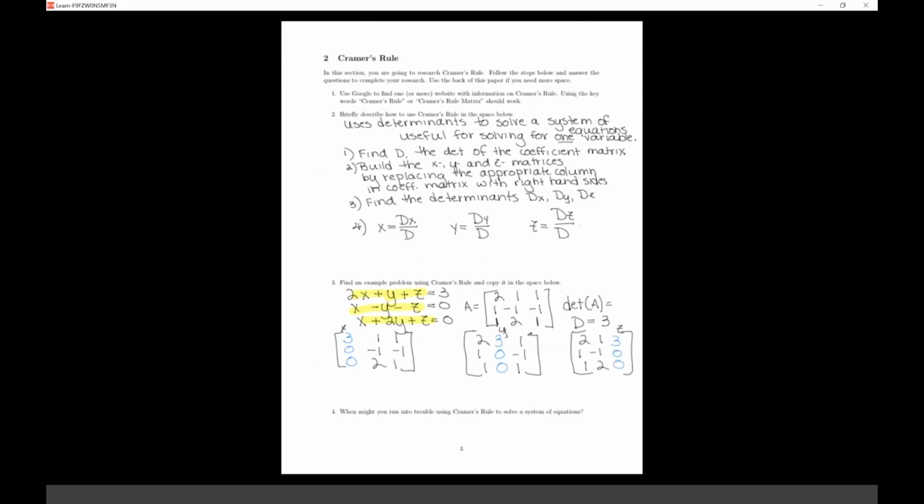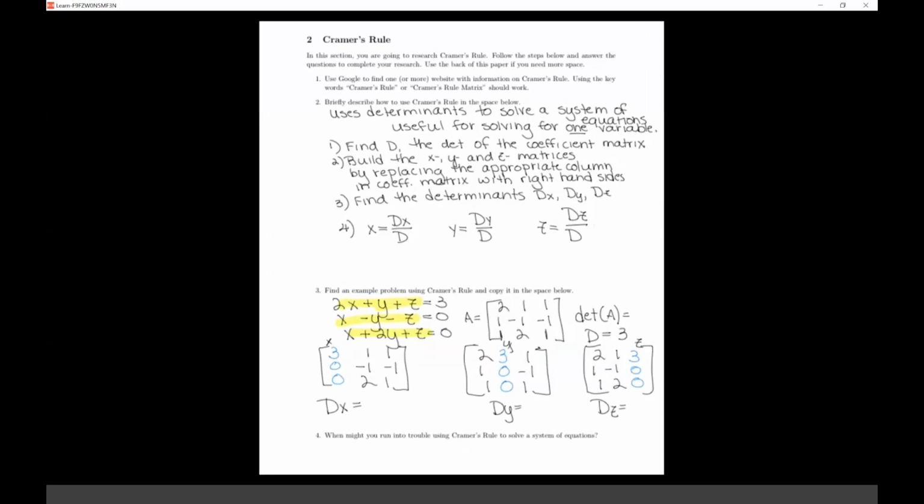That's how you get the X, Y, and Z matrix. You replace the relevant column. And what do I mean by that? The one that corresponds to the variable you're interested in. This is X, this is Y, this is Z. And then I'm just going to find the determinant of each of these. This is going to be dx, dy, dz.